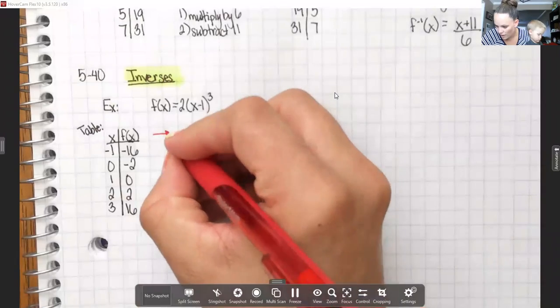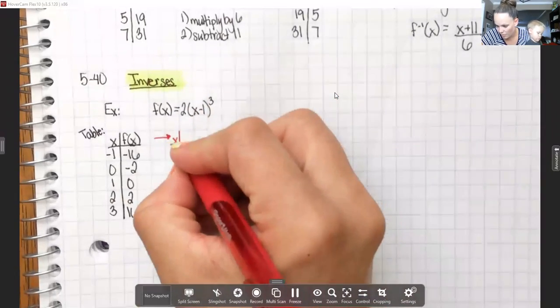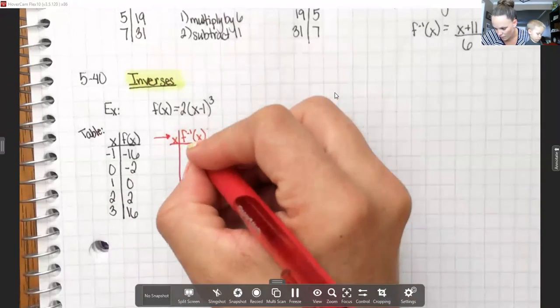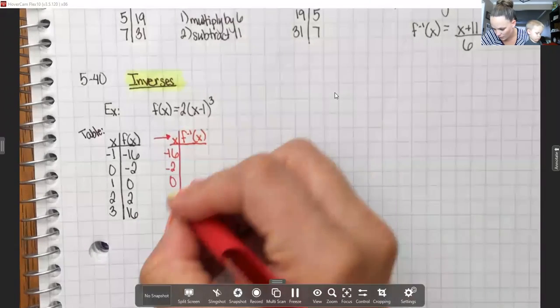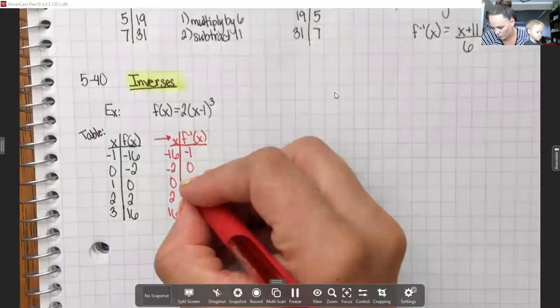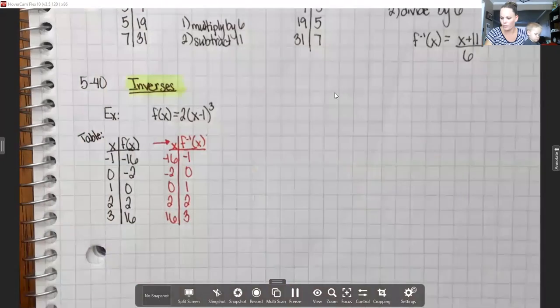So then for the inverse, again, we're just going to flip them. Remember, the notation is the -1 there. So -16, -2, 0, 2, and 16 for x, and -1, 0, 1, 2, and 3 for y.